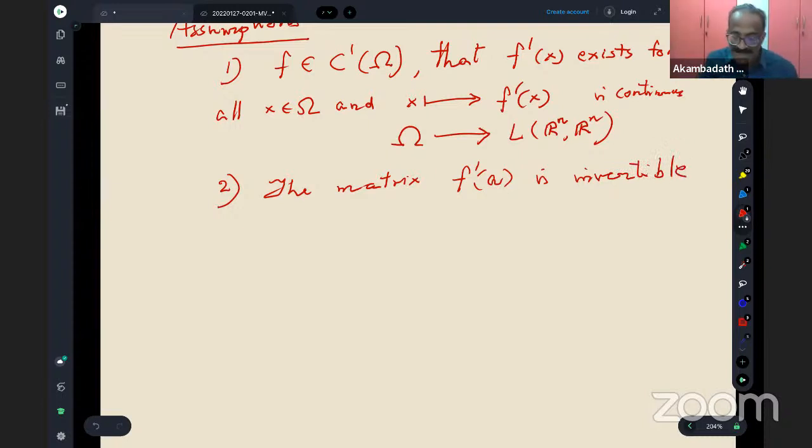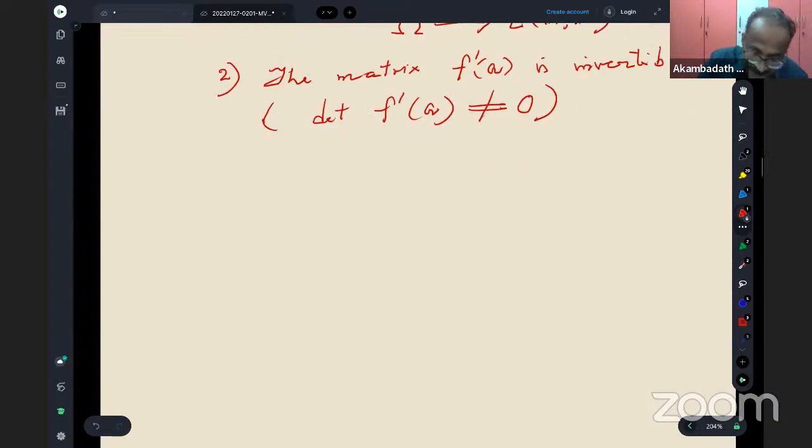Okay, so those are the two assumptions. One is about the smoothness of the function and its derivative. And the second one is invertibility, that is, determinant of f prime of a is not equal to 0. Okay, then those are the assumptions. So let me come to the conclusion.